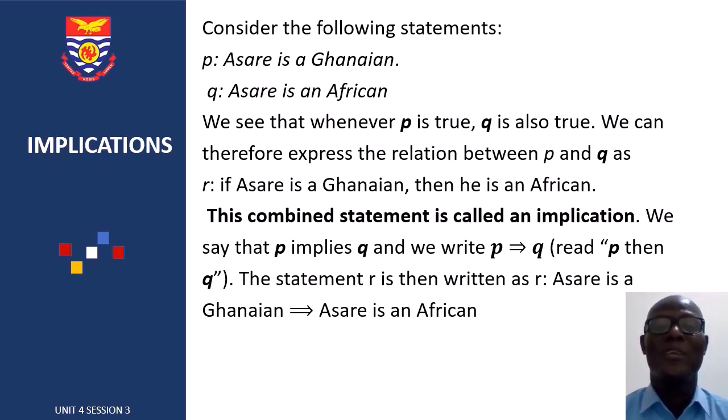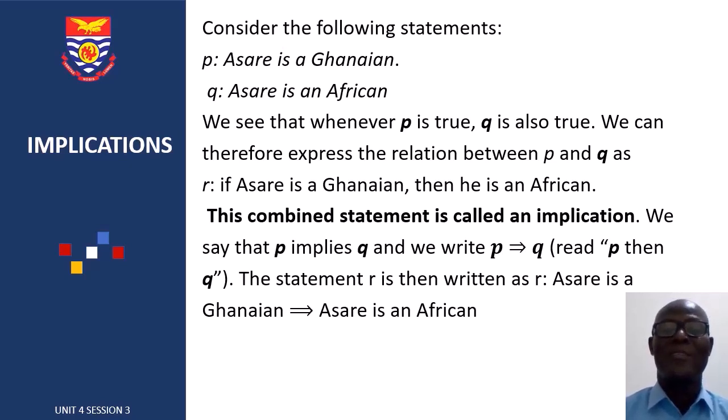When these two statements are combined by if, then, we have the third statement, which reads, if Asari is a Ghanaian, then he is an African. This combined statement is what we call implication. We say that P implies Q, which is written as P, the implication sign, Q.